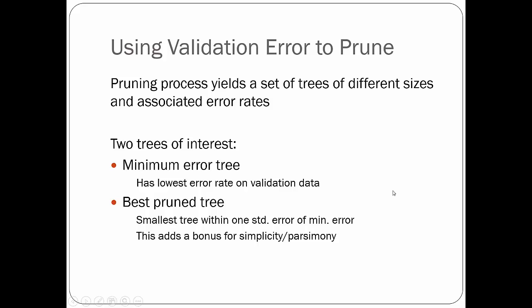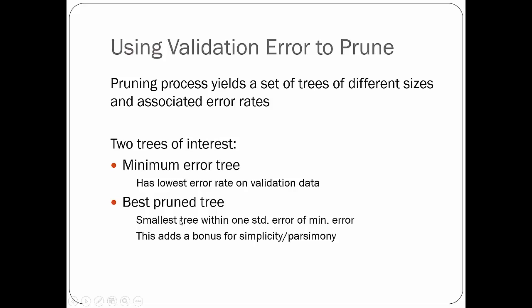And as you prune the trees and find the best, there are two decision trees that are of interest. One is the minimum error tree, and that's the one that has the lowest error rate on the validation data set. And then the best pruned tree would be when you prune and you get not the least error rate, maybe a slightly higher error rate, but the smallest tree within one standard error of the minimum lowest error.